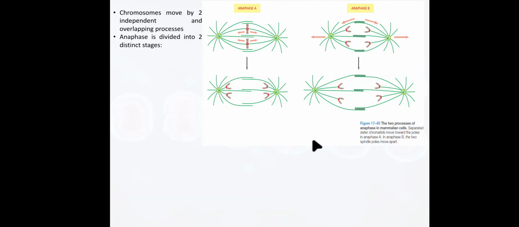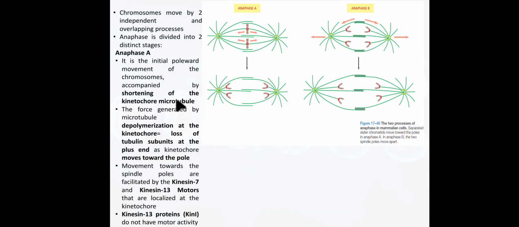Next, chromosomes move by two independent and overlapping processes. Based on that, anaphase is divided into two distinct stages, anaphase A and anaphase B. Anaphase A is the initial poleward movement of the chromosomes, accompanied by shortening of kinetochore microtubule, especially the depolymerization at the kinetochore plus end, loss of tubulin subunits, which will help in shortening.